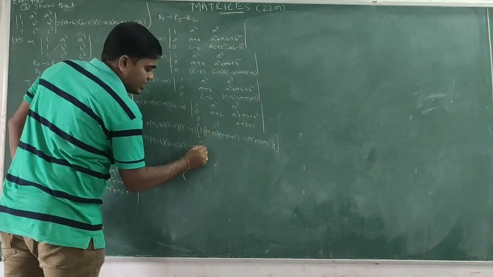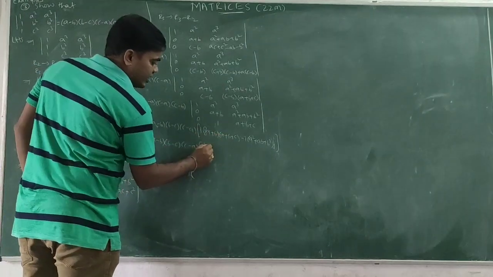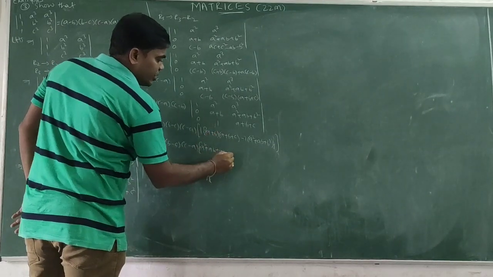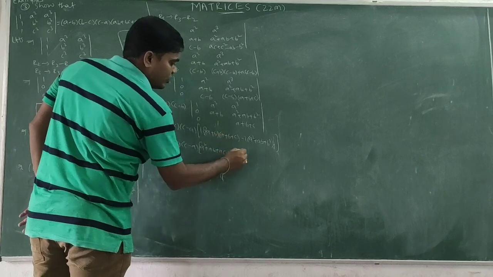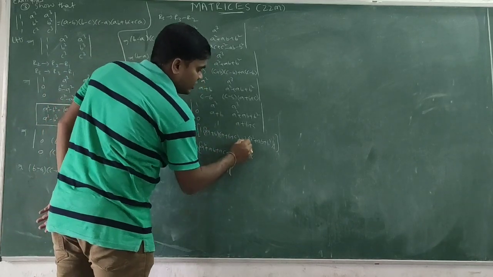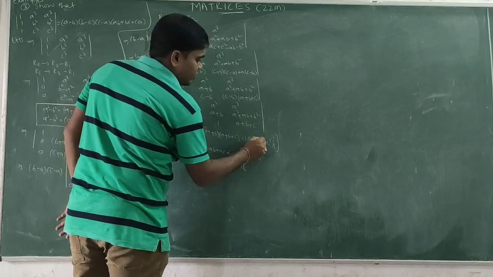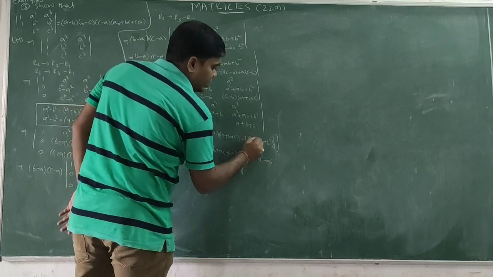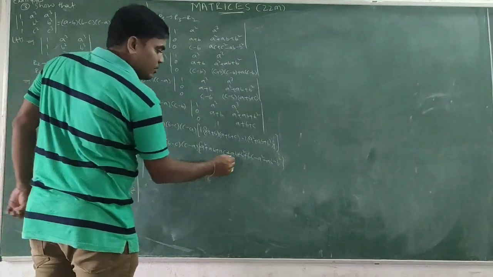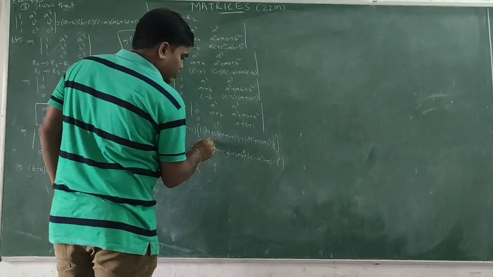A into B, A square, A into B, AB, A into C, yes, B into A, AB, B into B, B square, B into C, BC, minus A square minus AB minus B square. So is anything getting cancelled? B square cancels, A square cancels.